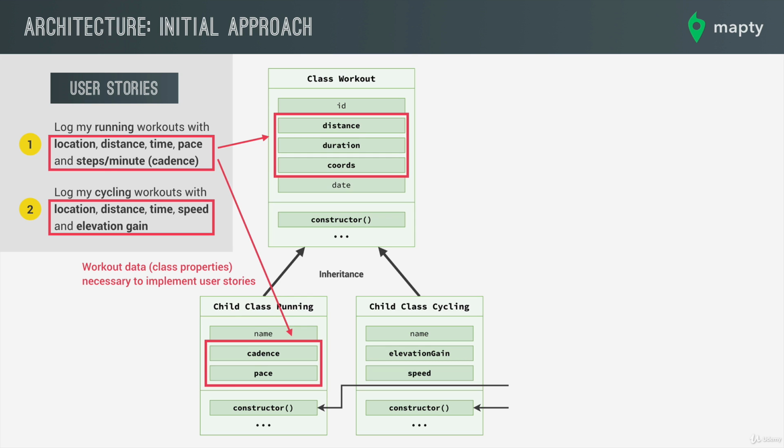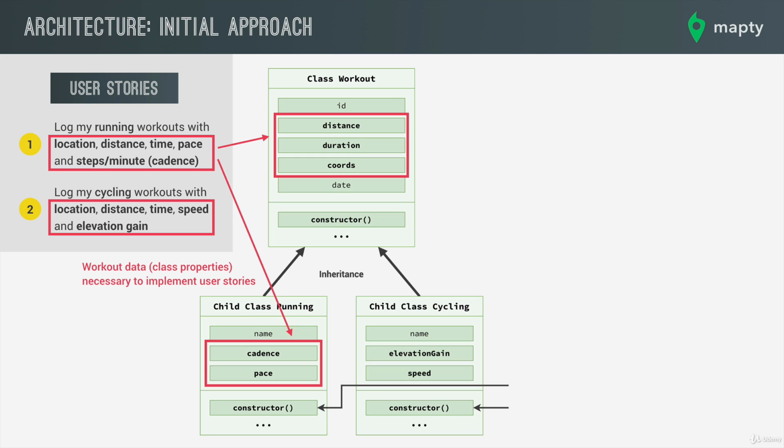And then for each type of activity, as you see, we have one child class, so that each child class can hold the data and methods that are specific to that type of activity. So I hope that makes sense. And this is the whole reason why inheritance basically actually exists, so that we can have more specific classes that can inherit behavior and properties that are common to all the child classes.